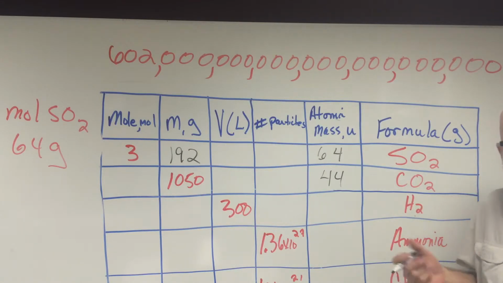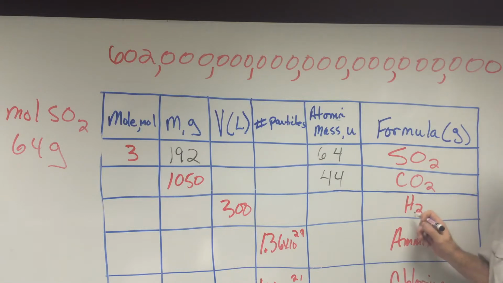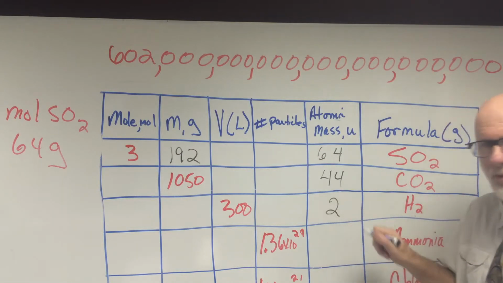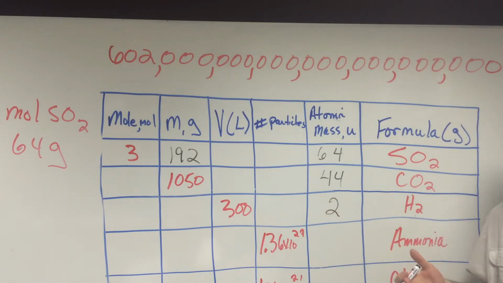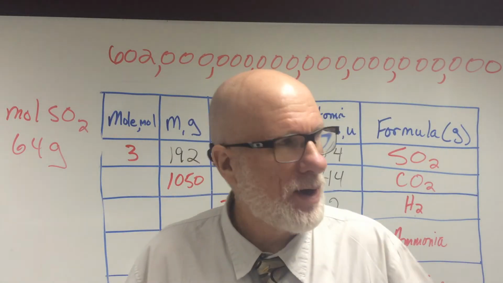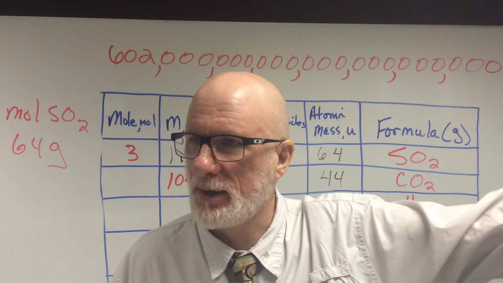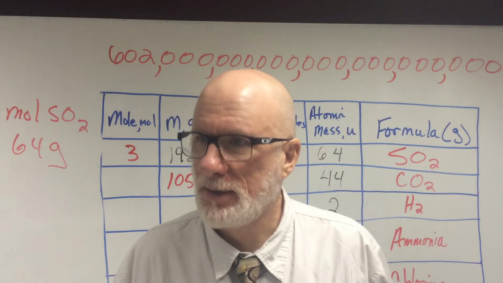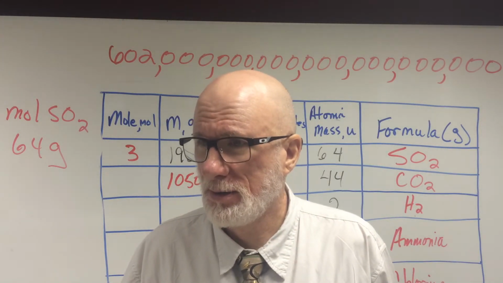How about what's the molecular weight, the atomic weight of hydrogen, H2? Where do you get 4 from? Yeah, 1 and 1. Do you have a periodic table? Why don't you go over that periodic table and look up the atomic weight? No, it's 1 and 1. So what's 1 and 1?